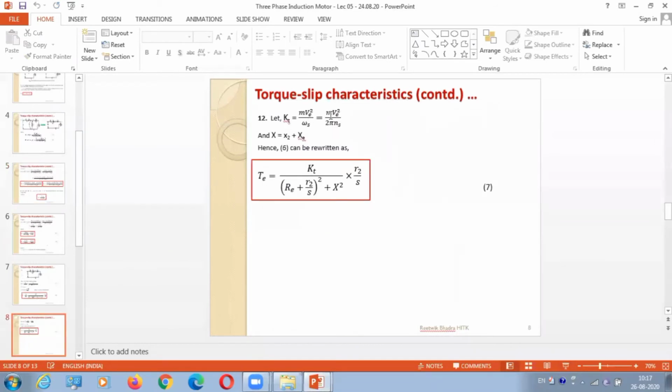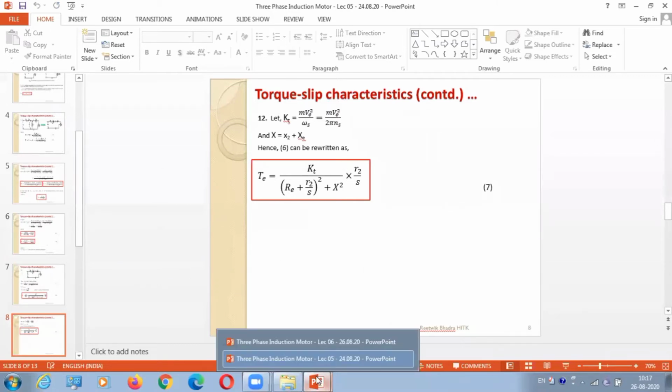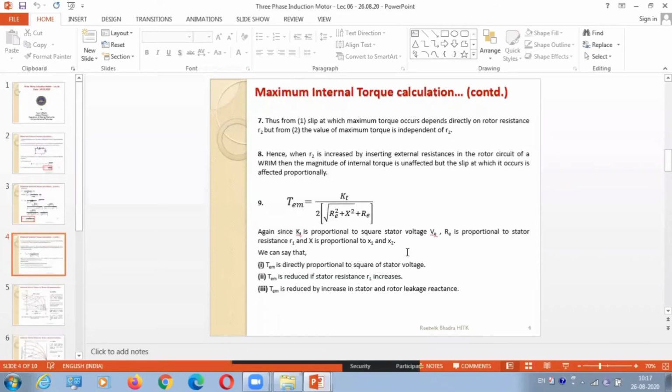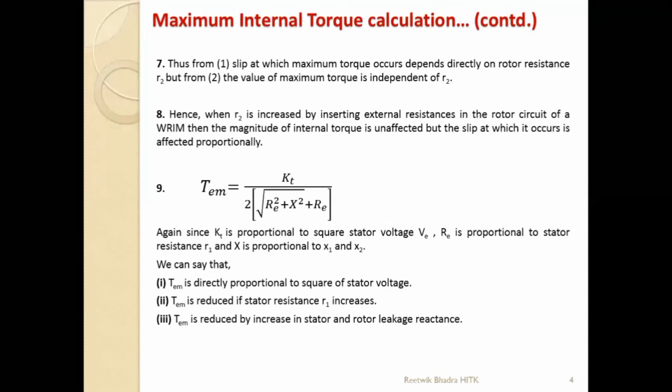KT was directly proportional to your VE square. VE was again coming from your stator side voltage. So this maximum torque is directly proportional to square of the stator voltage.